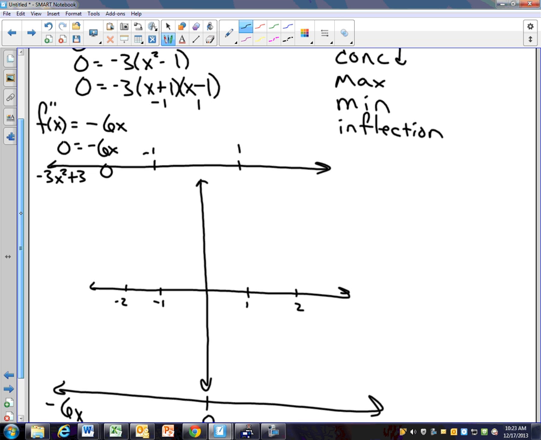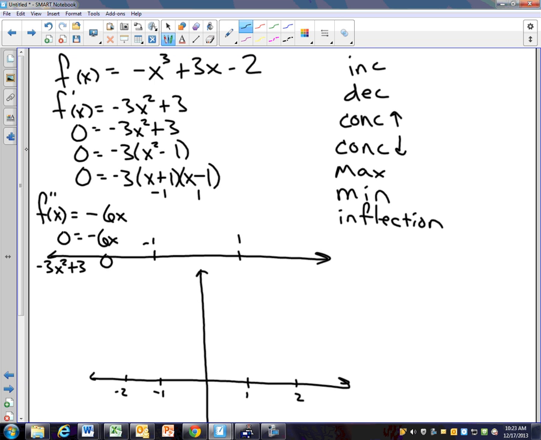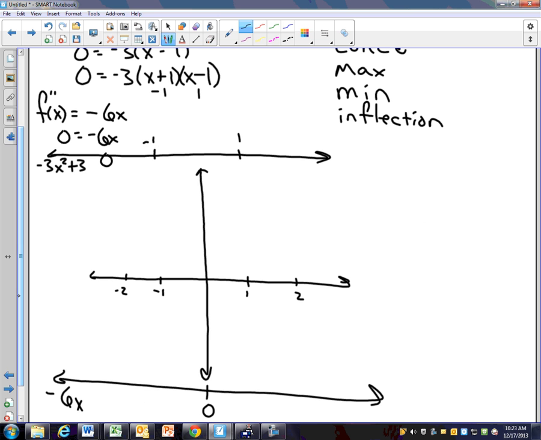So, how do I tell if something is increasing? First derivative is positive. Decreasing? First derivative is negative. So let's look at that first. All we do is our interval testing. What point could you plug in right here? That gives you 3. So that's positive. So I'm increasing.